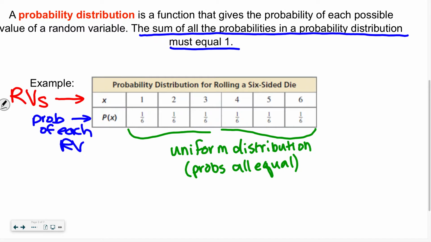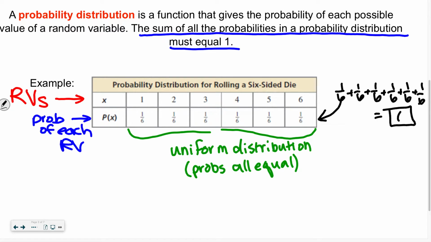And one thing that you can do is check your probability distribution. If you add up all these probabilities, 1/6 plus 1/6 plus 1/6, and you got 6 of them, right? You get 1. So we know we have all the possible outcomes, all the random variables are accounted for, and their probabilities are good because we add up to 1.